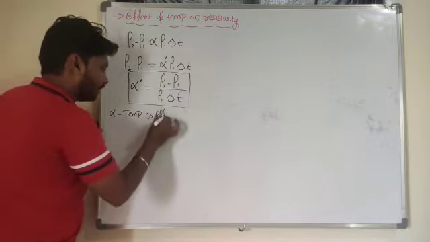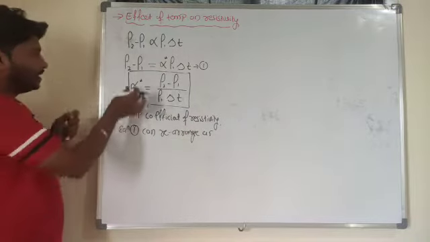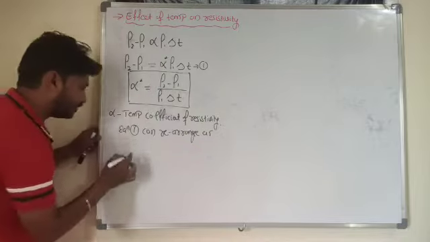Let me take this as equation 1, and I will rearrange equation 1. In equation 1, minus rho 1 is there; I will take it to the right side, so it becomes plus.